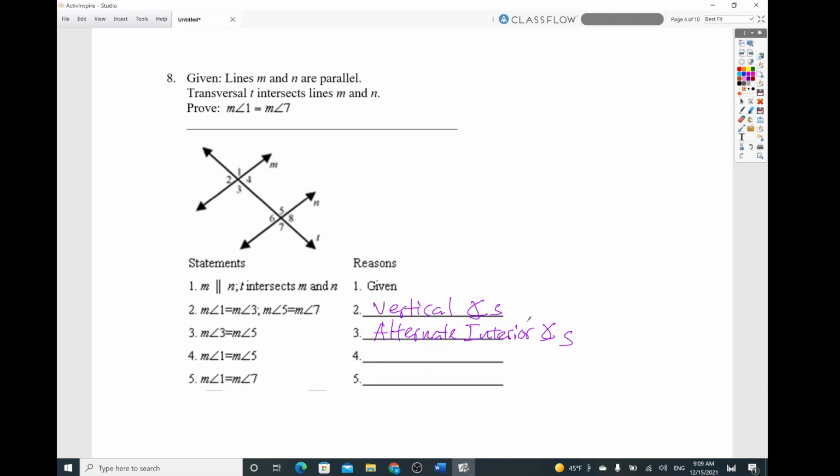And then the measure of angle 1 equals the measure of angle 5, corresponding angles. Instead of corresponding angles, let's say that's the transitive property of equality. And therefore, the measure of angle 1 is the same as the measure of angle 7, also by the transitive property of equality.